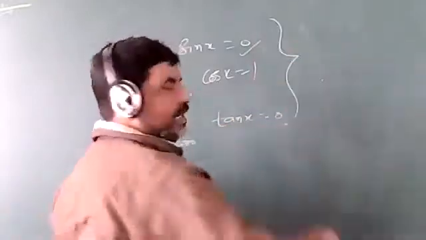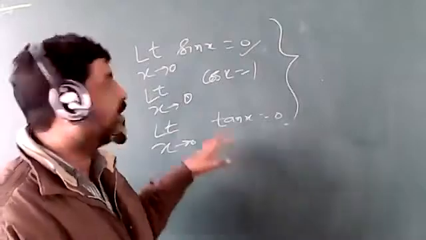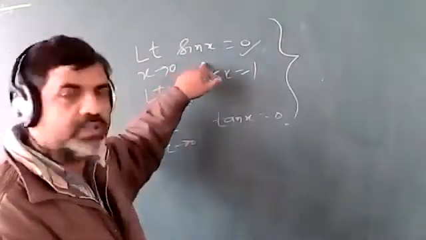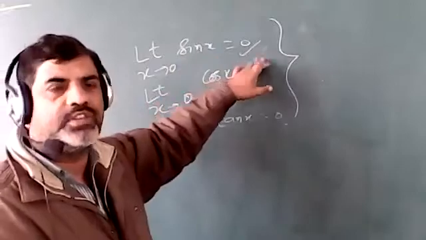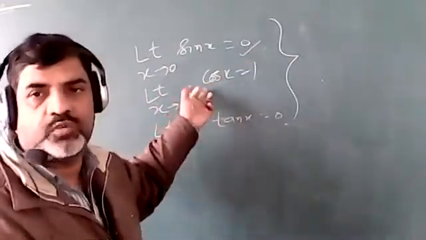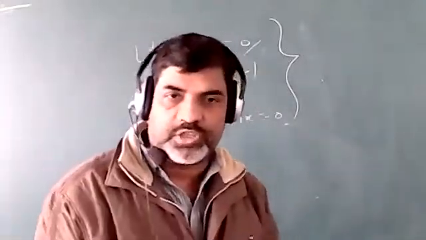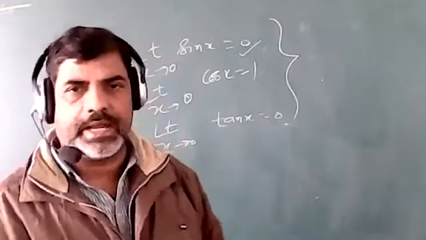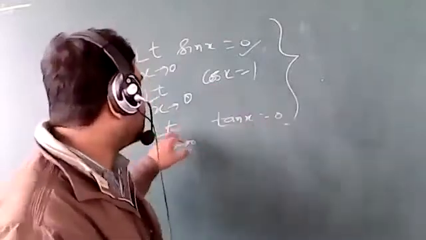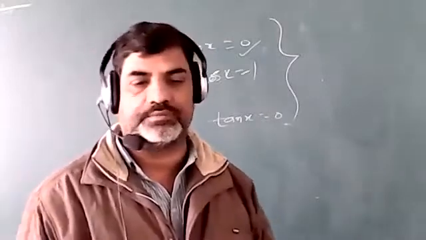These are very important results in trigonometry. Limit x tending to 0 of sin x, its value is always 0. Limit x tending to 0 of cos x, so cos 0 is 1, we know. So if we are finding a limit where x is approaching 0, either from left or from right, the value becomes 1, and limit x tending to 0 of tan x becomes 0 itself.